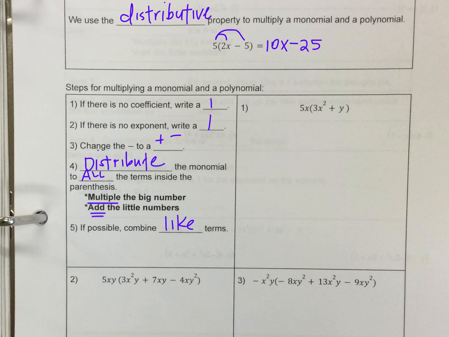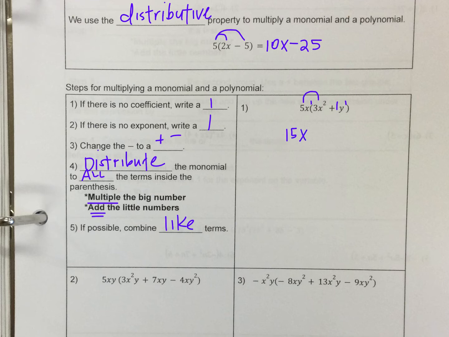So step 1, the x has a 5 in front of it. The x has a 3 in front of it. There's nothing there, so I'm going to put a 1 there. And then it says write a 1 on the exponent. So that guy needs 1 and that guy needs 1. All right. Now I need to change my minuses. There aren't any. So step 4 says distribute. So I multiply 5 times 3 and I get 15.